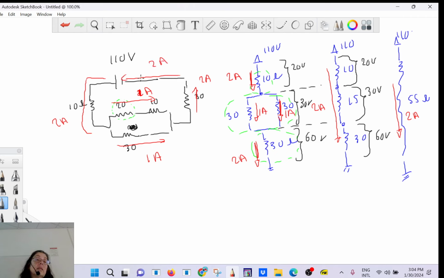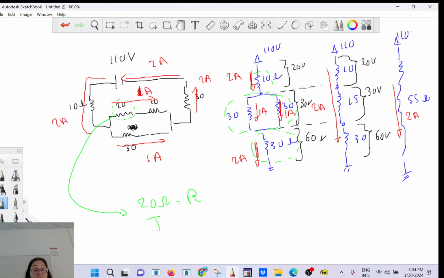Yes? So let's think. Okay, I want to find the power consumed by this one. I do not have the voltage drop, although I could find it. Do I have the resistance? Yes, what is the resistance? 20 ohms. Very good, 20 ohms.